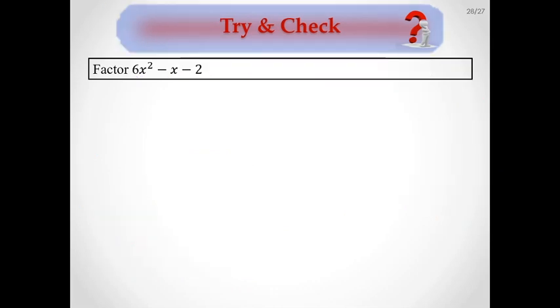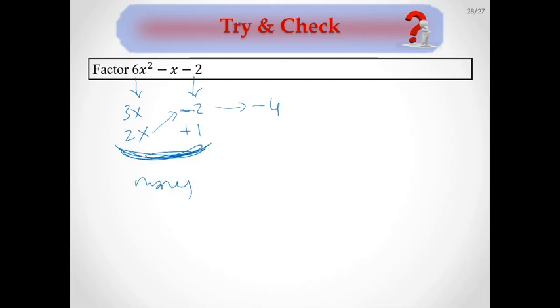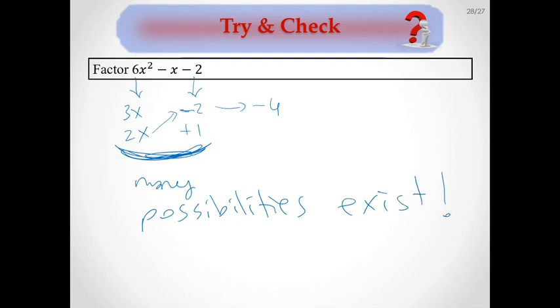Now let's do this one with the same method. We have 3x and 2x, one possible solution, and possible factors here, negative 2 and plus 1, maybe. Let's check. This might take some time, because we have many possibilities here. But let's check this one.